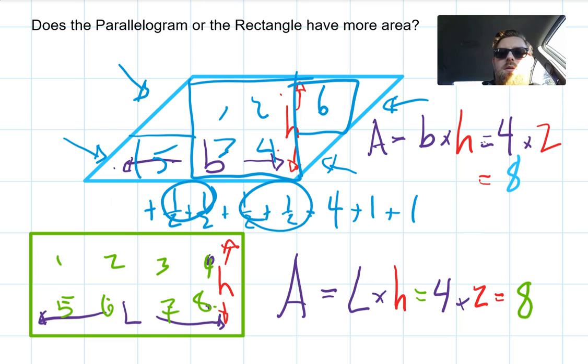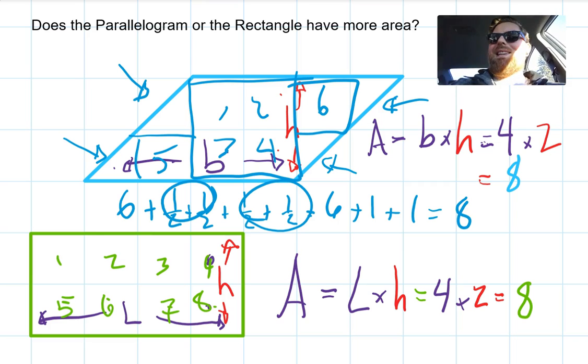Sorry, this should be a 6. So 6 plus 1 plus 1 equals 8. Oh my gosh, it's 8 squares. And we already knew that as well because, well, we calculated it.